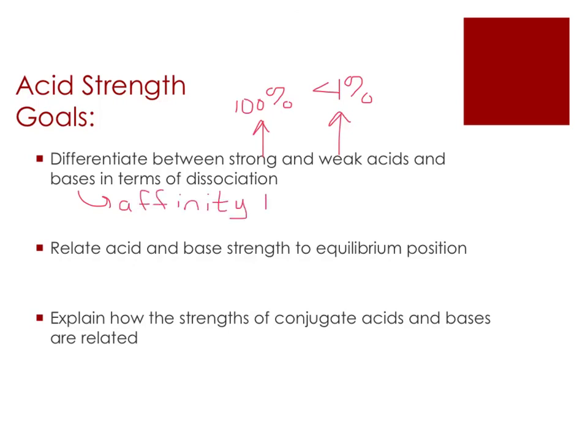Remember, strong bases have a high affinity for H plus, and weak bases have a low affinity for H plus. We also related acid and base strength to equilibrium position in a Bronsted-Lowry acid-base system. And we talked about the strengths of conjugate acids and bases. Recall that as acid strength increases, conjugate base strength decreases. And as acid strength decreases, obviously conjugate base strength increases.